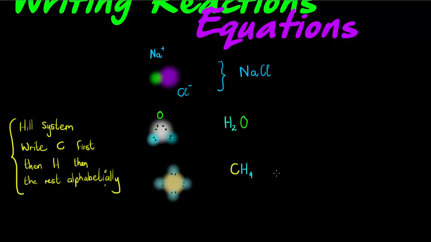This one is called methane, and you'll learn later how to actually assign the names. For now we're just going to look at the molecular formula. The molecular formula literally just tells you what atoms are in the molecule and how many of them there are.